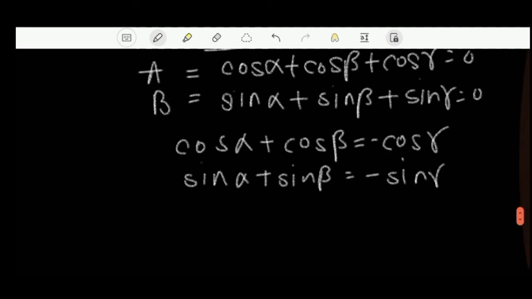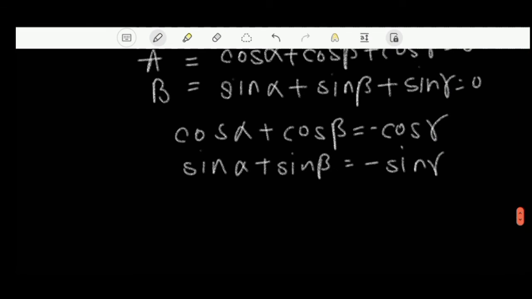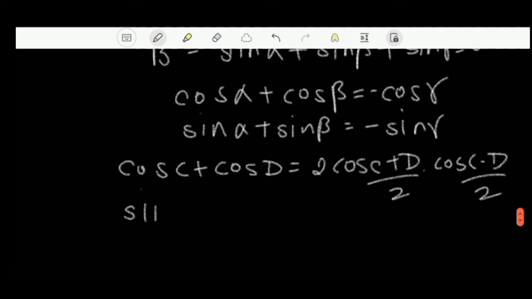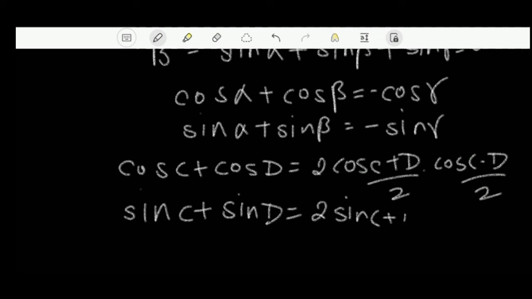And now we can use another formula that we know, cos C plus cos D equals 2 cos((C plus D) by 2) into cos((C minus D) by 2). Similarly, sin C plus sin D equals 2 sin((C plus D) by 2) multiplied by cos((C minus D) by 2).